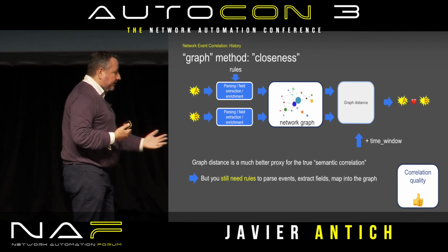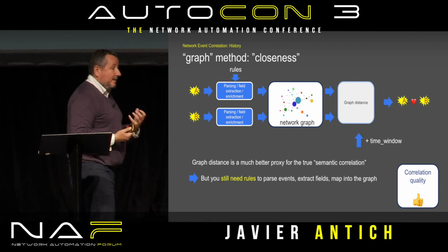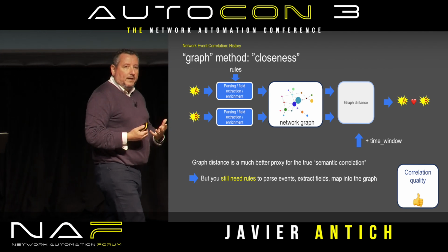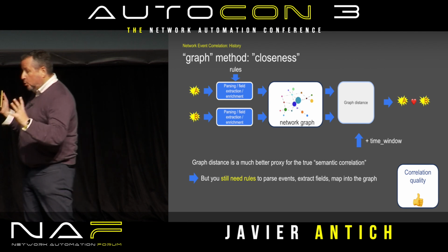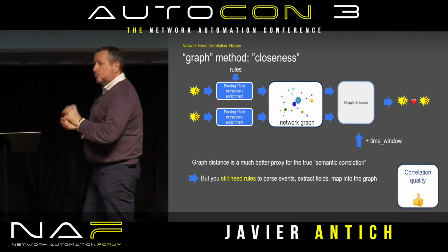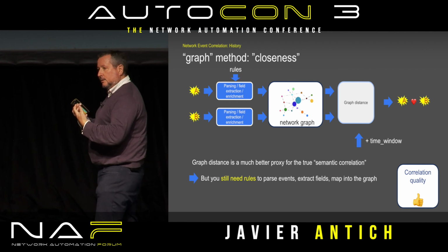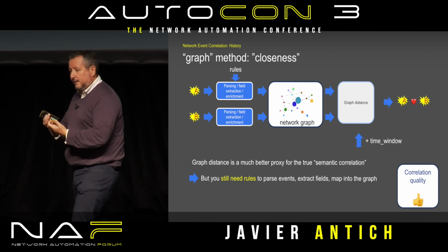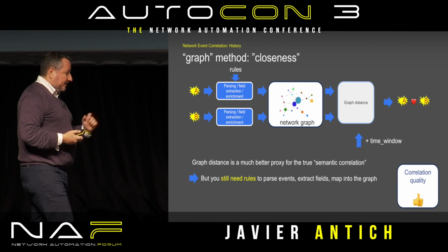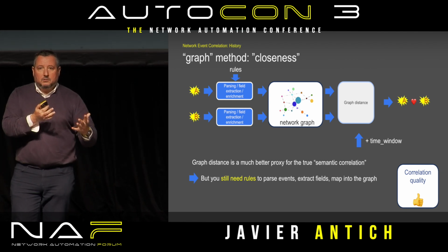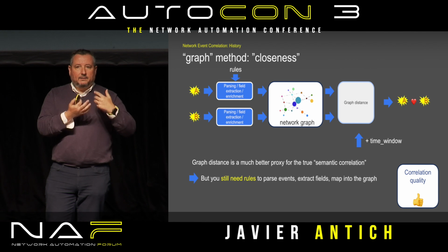Then also, interestingly, over the past few years, others started to use network graphs as a way to derive correlation of events. Somehow, how close the entities associated to the events are became the metric to determine that the two events are somehow connected. And it's actually a very good approach. Still, you might need some rules or some mechanisms to parse the events and extract the proper fields.